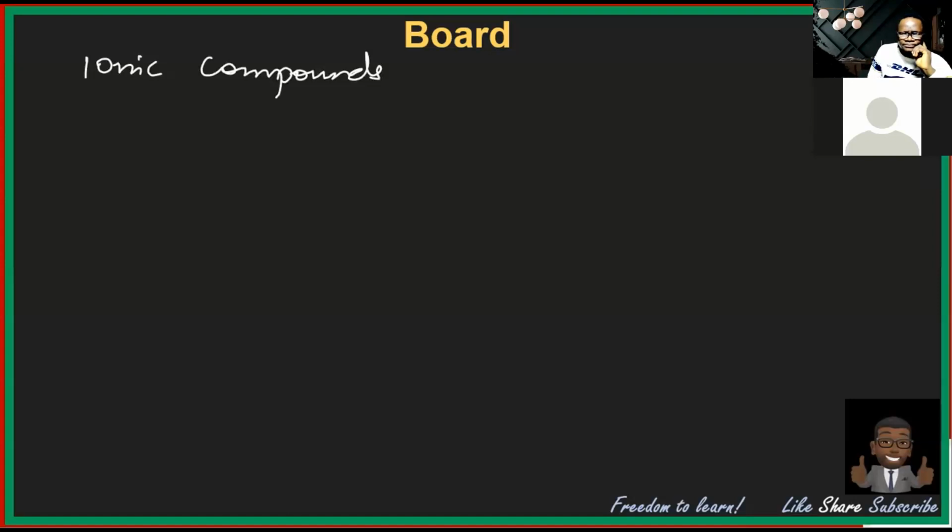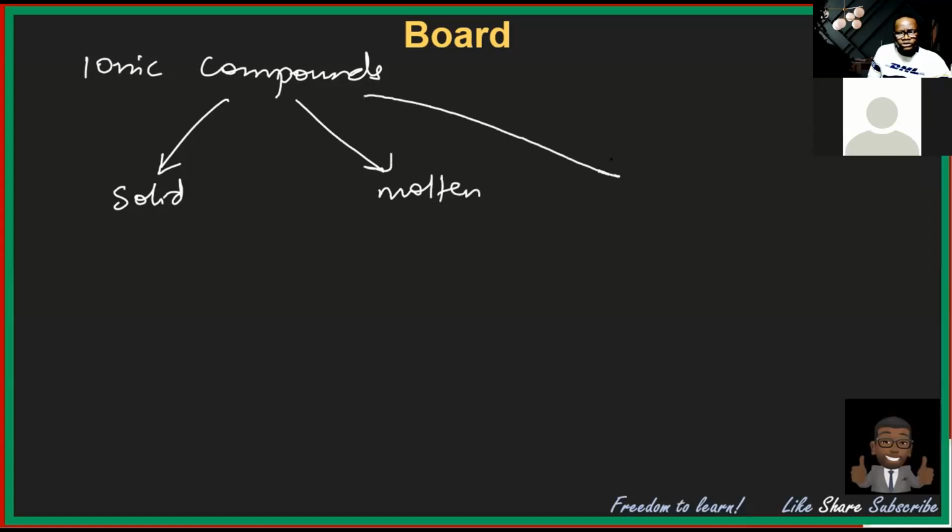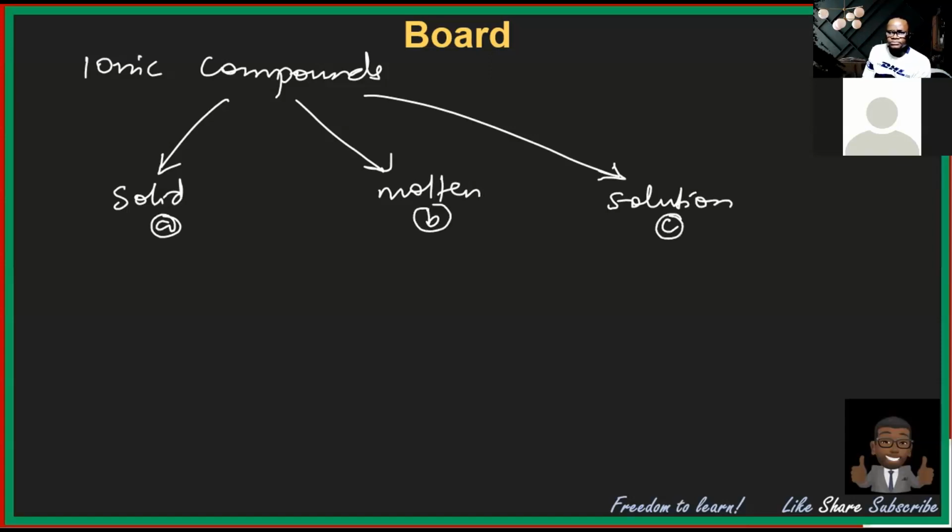We know that ionic compounds do not conduct electricity in every state. Can you describe the way they conduct electricity for me? Ionic compounds could be solid, molten, or in solution. Can you differentiate between these three in terms of electrical conductivity with proper justification?